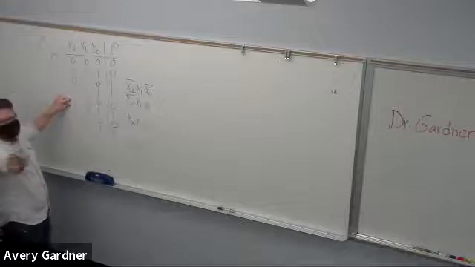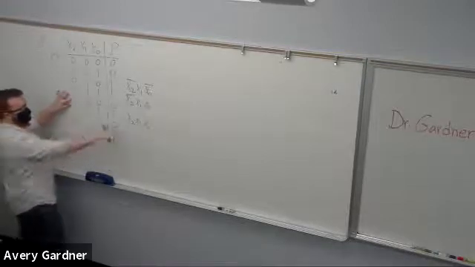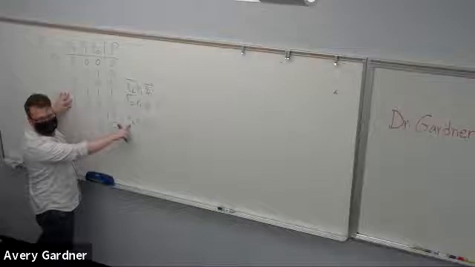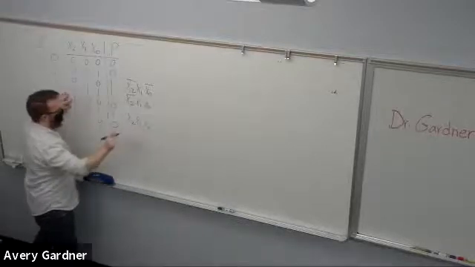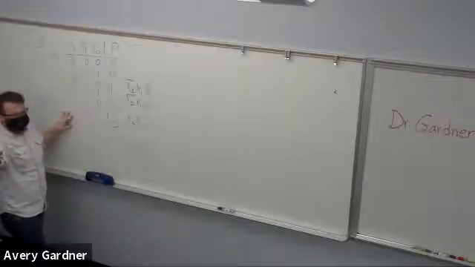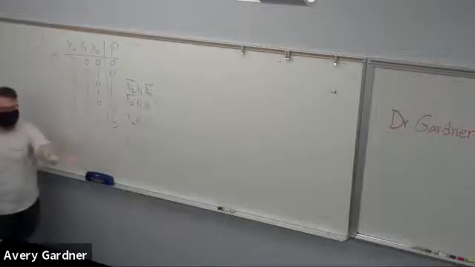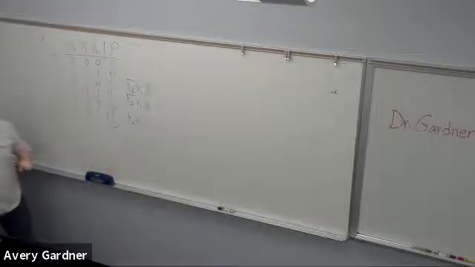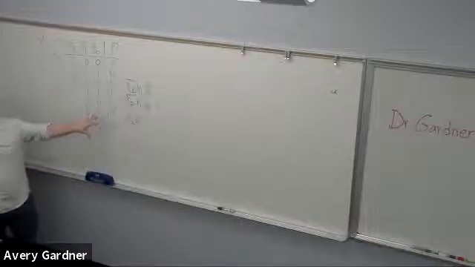Okay, someone from this side of the room. X2, X1 not, X0. Perfect. Someone else. X2, X1, X0. Perfect. Yep. Don't need to make any changes to that one. Did everyone get that? Perfect.